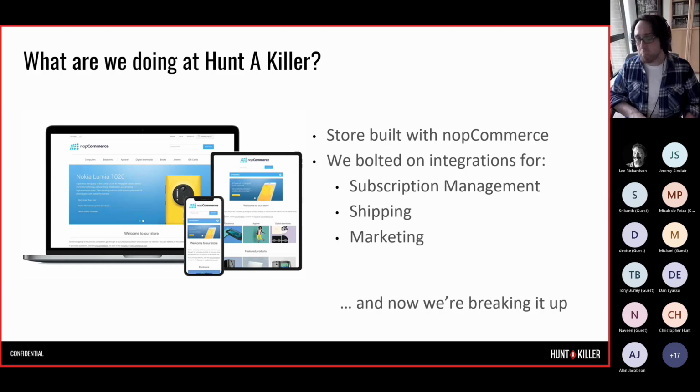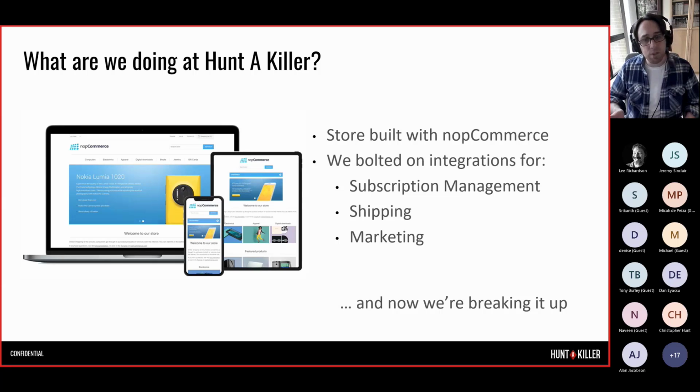We bolted on all of our integrations for third-party services, for example, our subscription management platform, our shipping platform, and all of our various other tools.